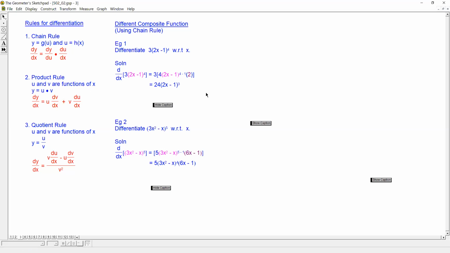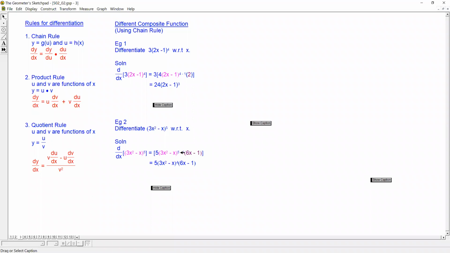Between us only, other people don't understand what we are talking about: must have bracket, must have power. We understand, we know what to do, that's enough. You don't worry about dy, dx, du, dx, du, dy. So now the first step is what?